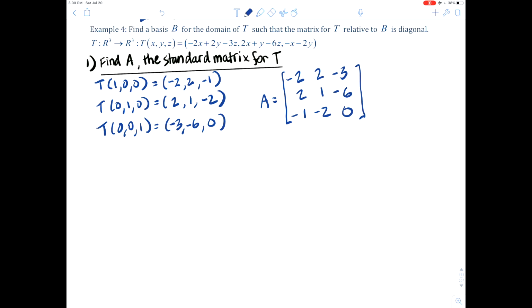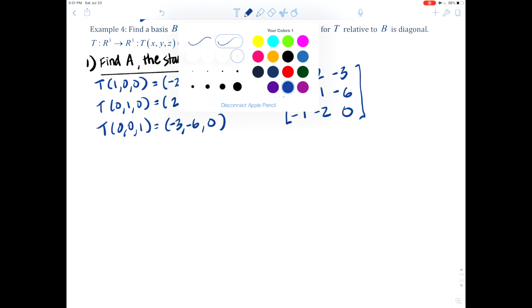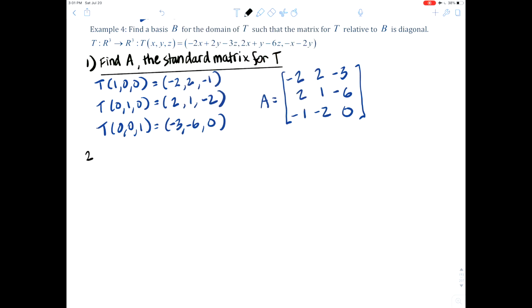All right. Since our goal is to find a basis B for the input, the domain of T, so we get a diagonal matrix, what does that mean? We need to find the eigenvalues. Very good.